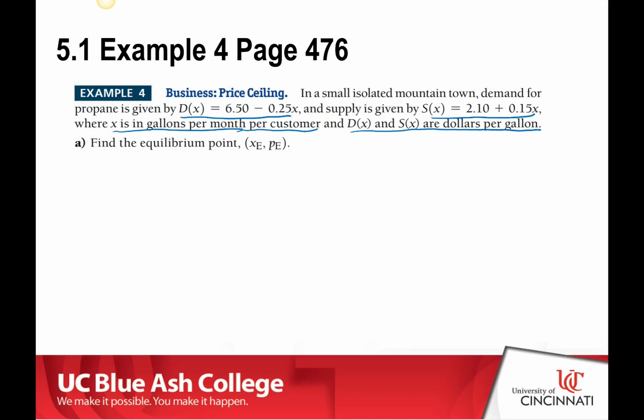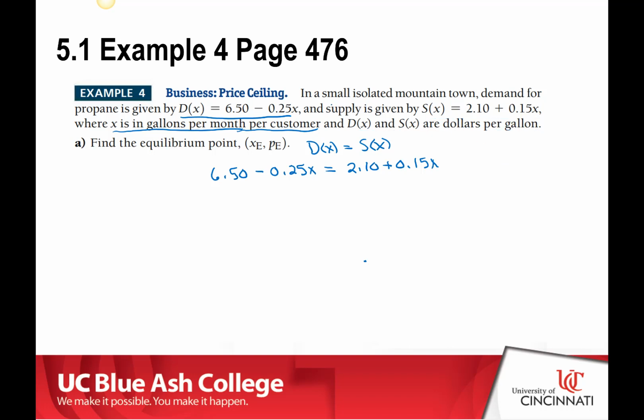First thing we're asked to do is to compute the equilibrium price. Well, recall that the equilibrium price occurs where the demand is equal to the supply. The demand equal to the supply would say we have 6.50 minus 0.25x is equal to 2.10 plus 0.15x.